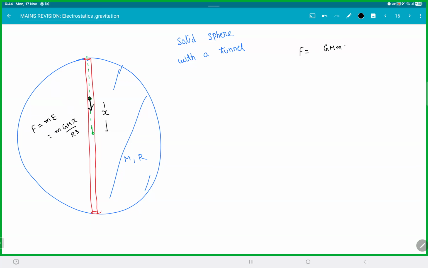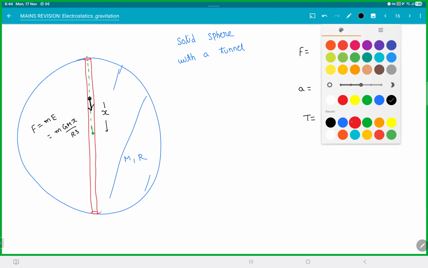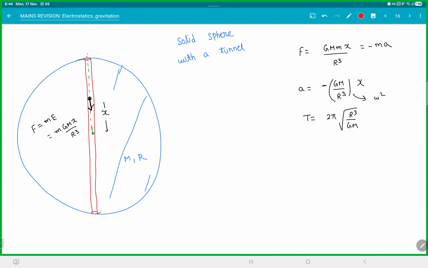G M m x by r cube is equal to minus mass into acceleration. So we get acceleration is equal to minus G M by r cube into x. So therefore, this is actually doing an SHM, with time period 2 pi root over r cube by GM. This is your omega square. Now, if you're releasing it from rest, at this point, that's an extreme position, isn't it?